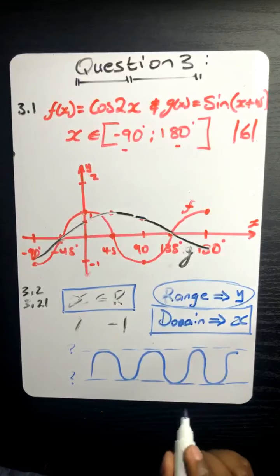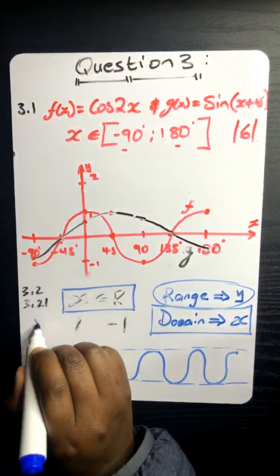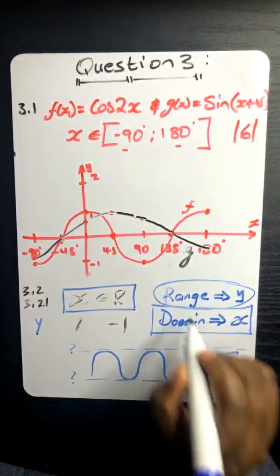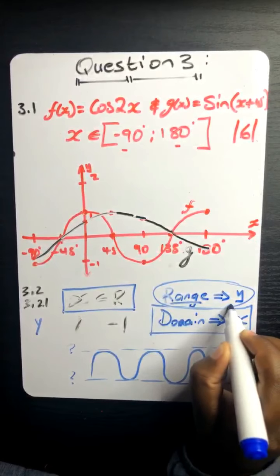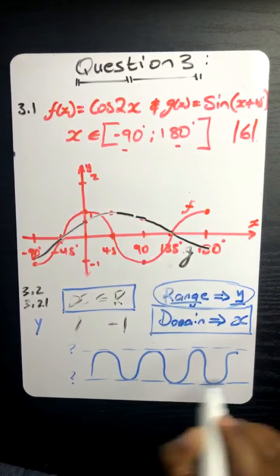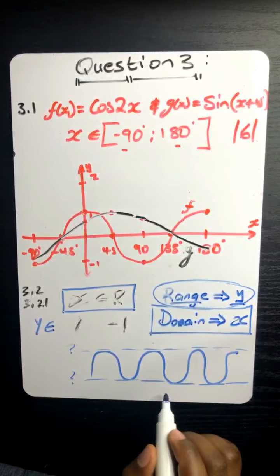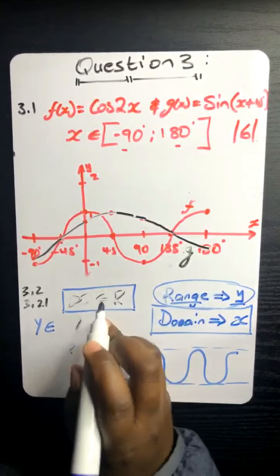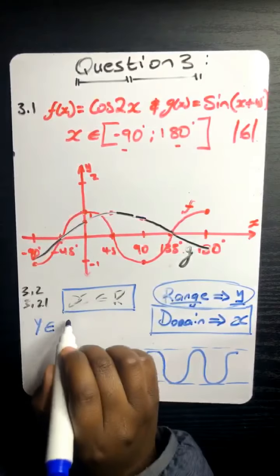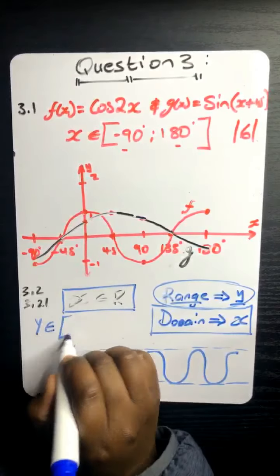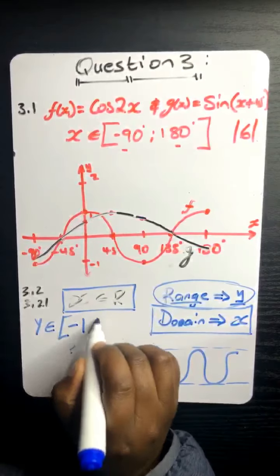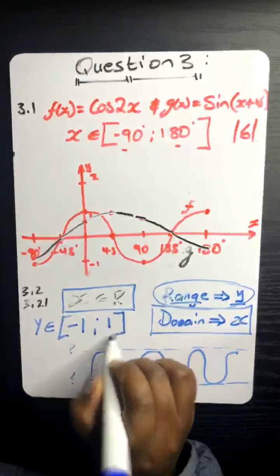How you write it, Amy, you are going to say y, because the range is about the y value. So you're going to say y is the element of. You remember I gave the formula, guys. I said minimum and maximum. It is therefore going to be -1 and 1.